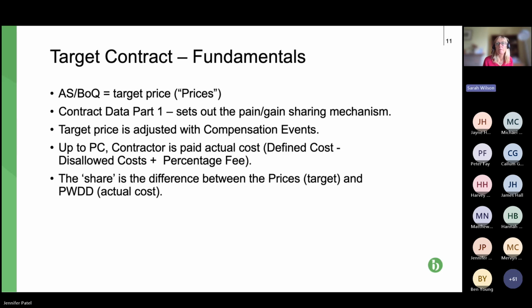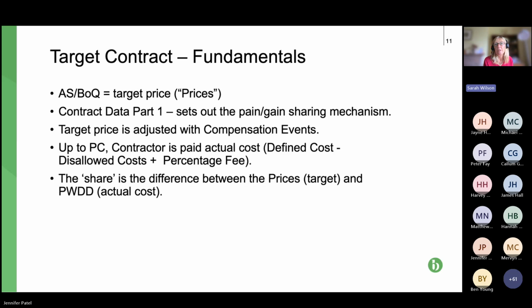So that's the base cost minus disallowed costs. We'll look at this in a bit more detail, but it's basically wasted cost, so costs where the contractor, for example, has been inefficient. Why should the paying party pay for a contractor to be inefficient? So that can be deducted as disallowed cost.